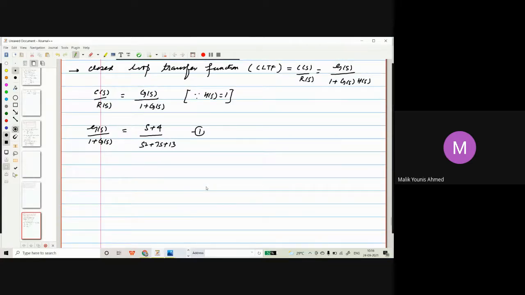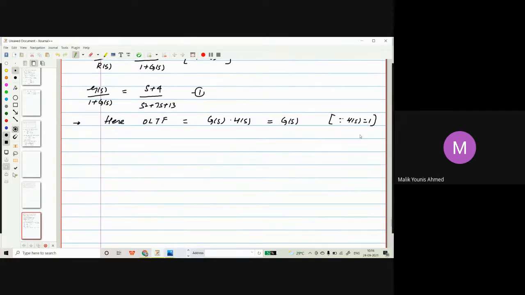So here the open loop transfer function is equal to G of S into H of S. But in our context, H of S is 1, so it is G of S. Why? Because it is unity feedback. That's the reason here.